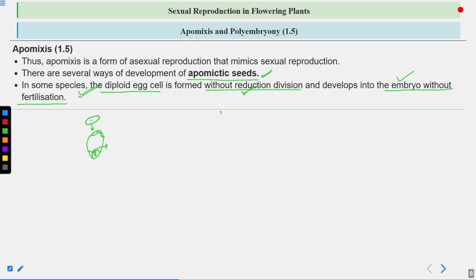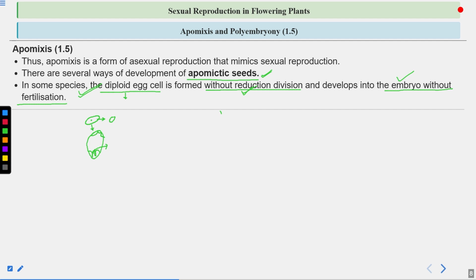When there is meiosis, then 4 cells are formed. But here this diploid nucellus cell undergoes mitosis. It will form 2 nuclei, then 4 nuclei, and then 8 nuclei. No reduction division is taking place.